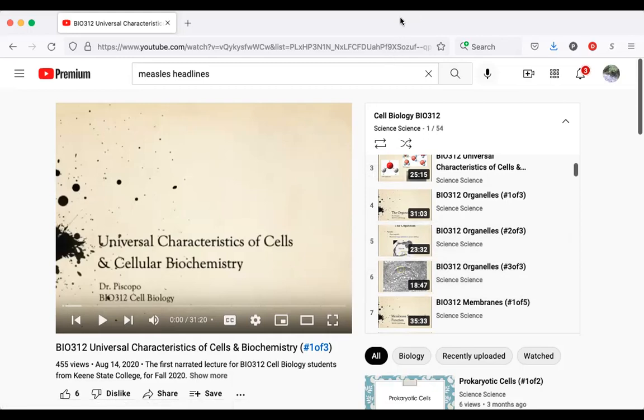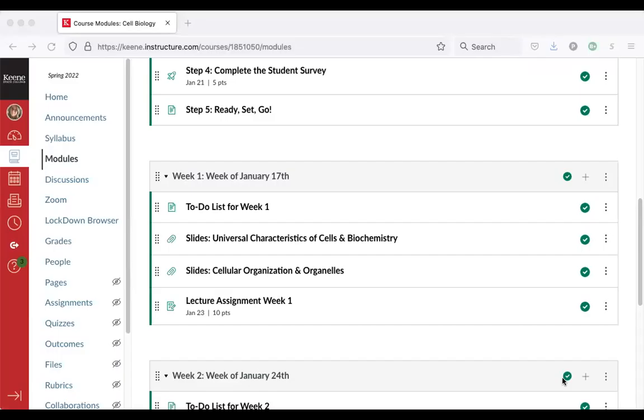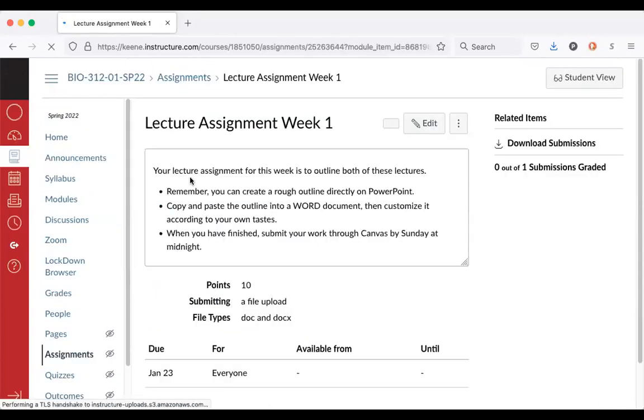And then for the assignment, let me pull this assignment up so we can see what it says together. So you should be seeing again our modules page. If I click where it says lecture assignment week 1, these are the instructions right here.